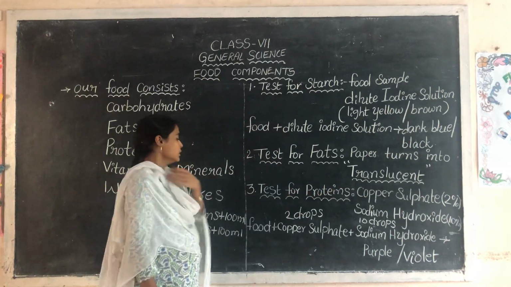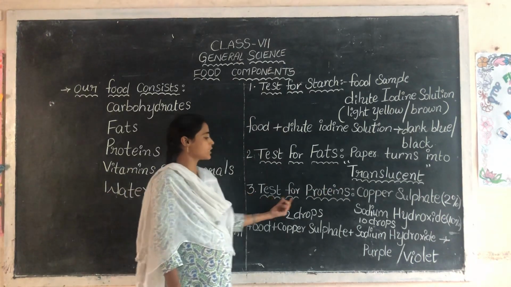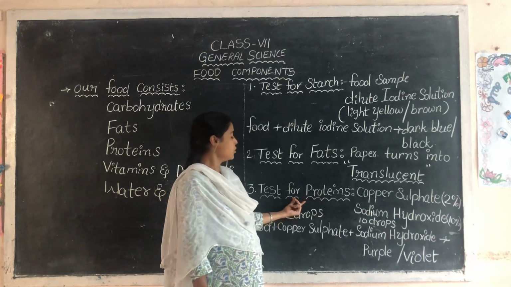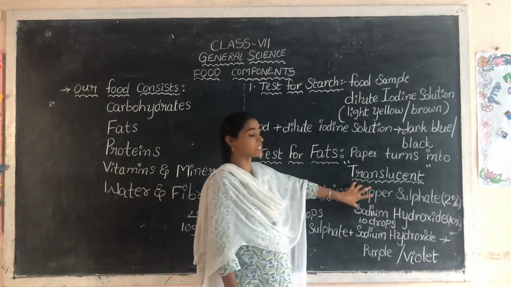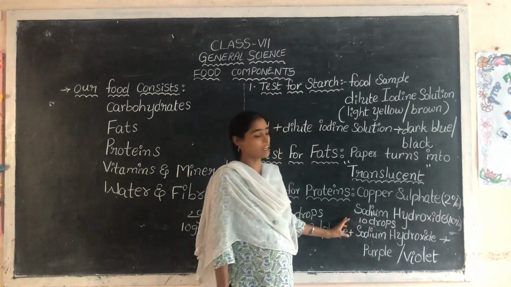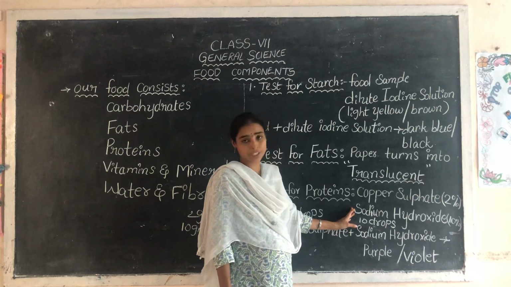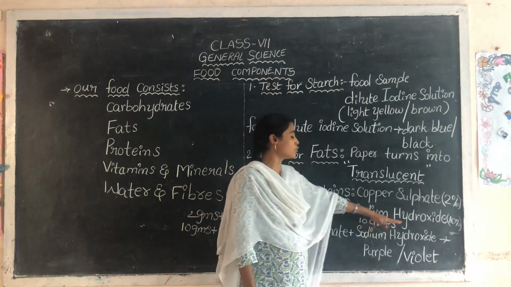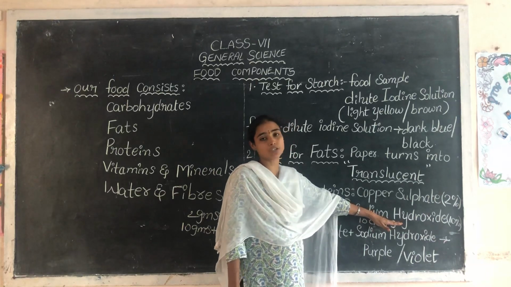Okay. Now, third test. Test for the proteins. For the test for the proteins, here we require two chemicals, copper sulfate 2% and 10% sodium hydroxide solution. How to prepare 2% copper sulfate and 10% sodium hydroxide solution?